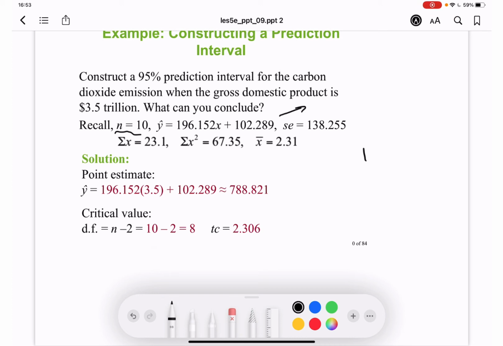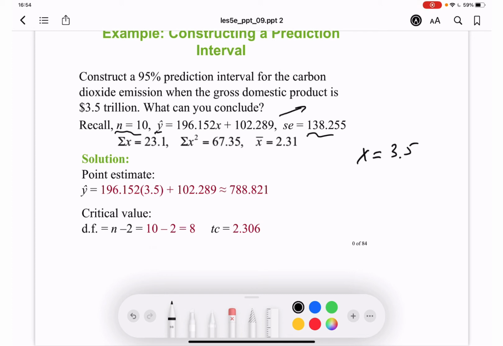That means our x is 3.5 trillion. We need to find out how much y hat will be, which is the predicted y. We want to find out that value, and then we will do plus the error, and then minus the error.